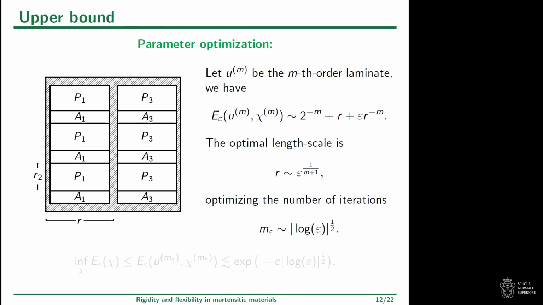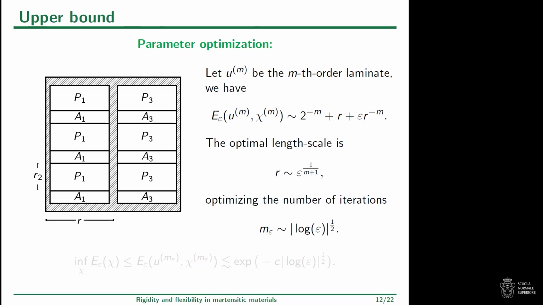Okay, here what is R? R is the length scale of the first order of lamination, and all the other laminations are happening at order R to the power m. So the second order lamination is happening at length scale R squared, then the third order lamination is R cubed. So this lamination here is R, so order R. So the frequency is 1 over R for the lamination of the first order.